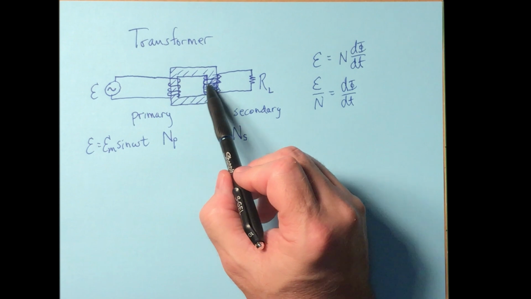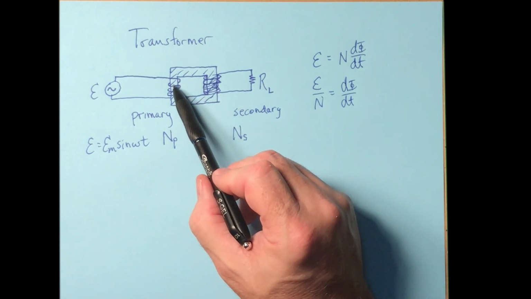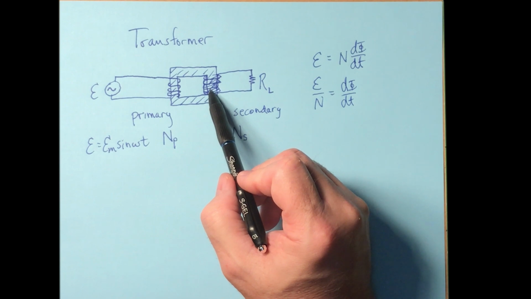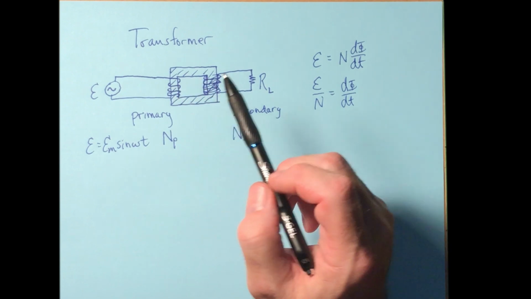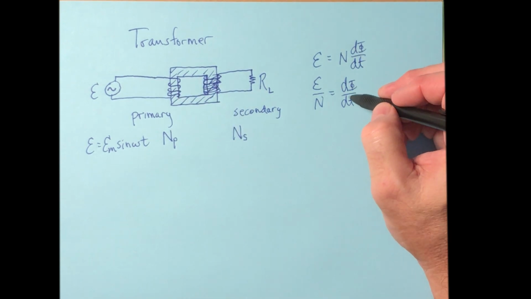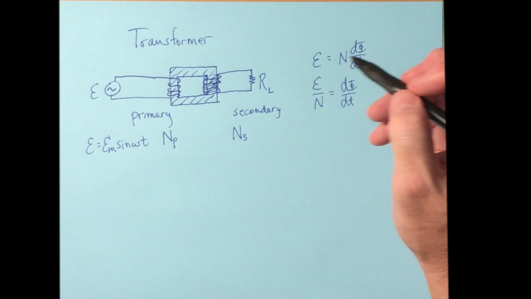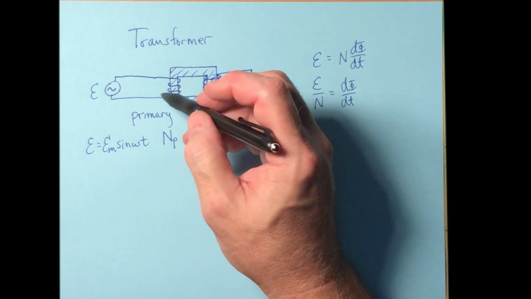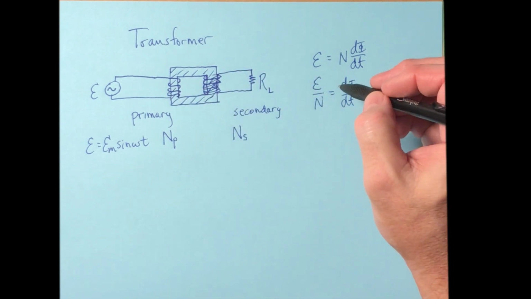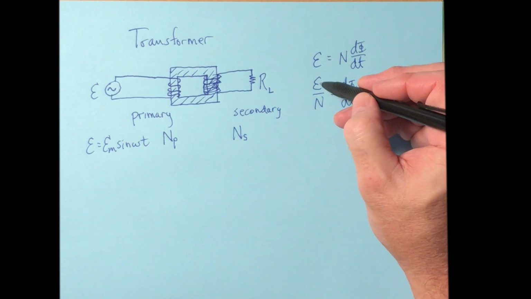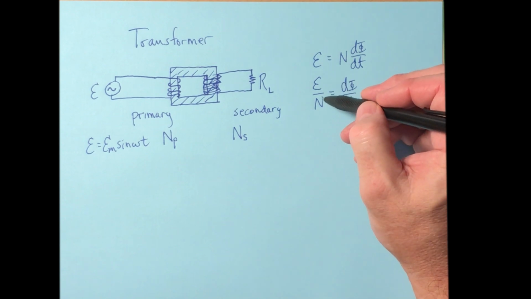So we have almost no delay between the rate of change over here and over here. In fact, we could say it's exactly the same. So this dΦ/dt, the rate at which the magnetic flux changes, is the thing that is constant on both sides. And if that's true, then the EMF per turn is going to be the same for both sides.